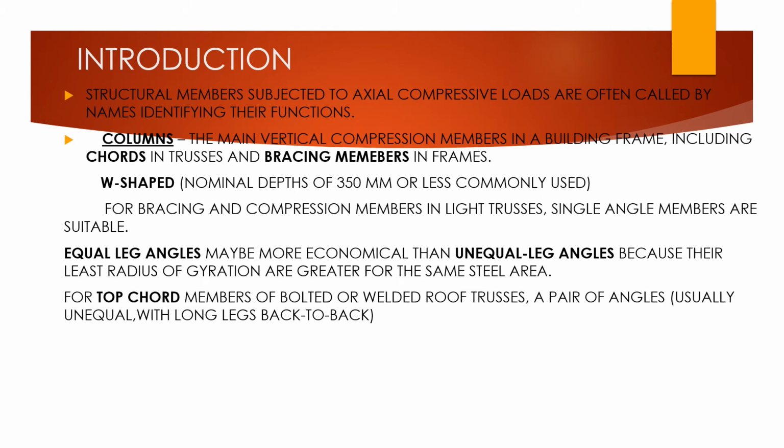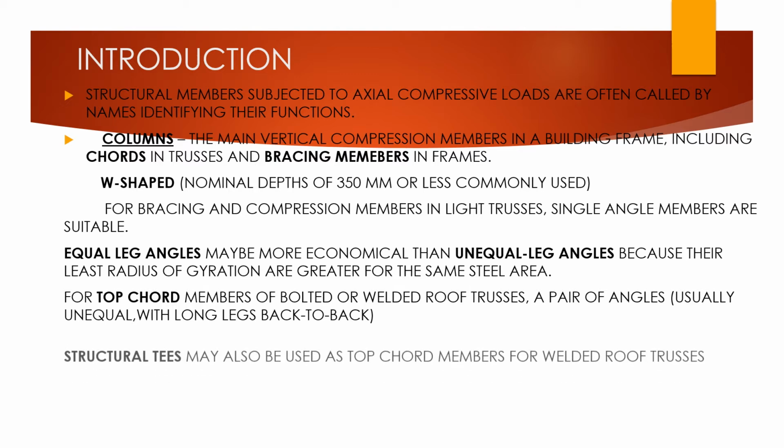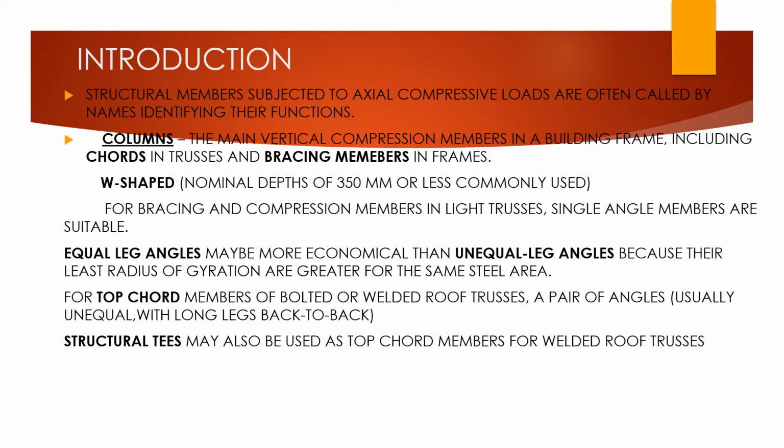For top chord members of bolted or welded roof trusses, a pair of angles, usually unequal, with long legs back to back, are used with or without gusset plates. Structural tees may also be used as top chord members for welded roof trusses.